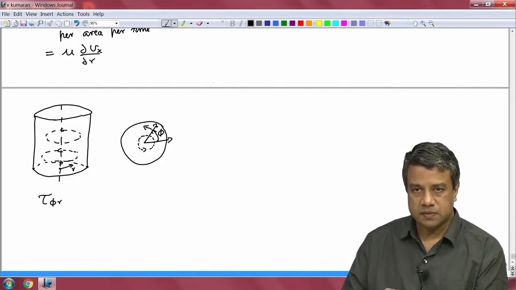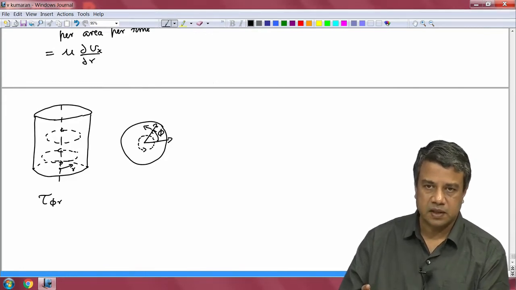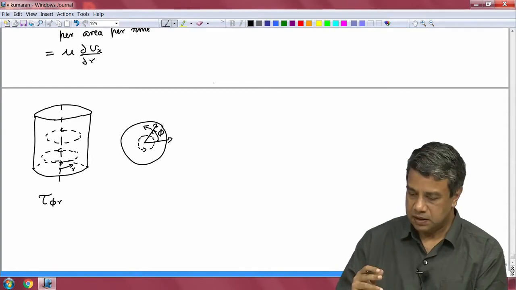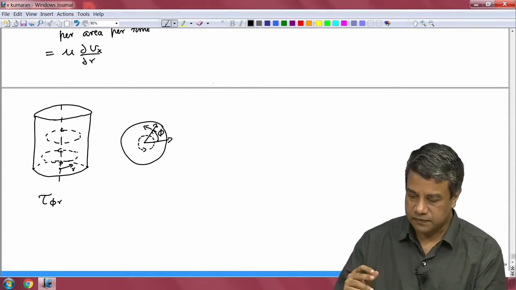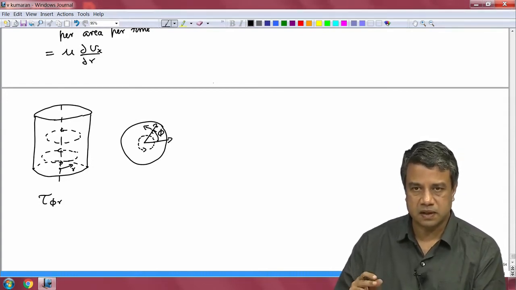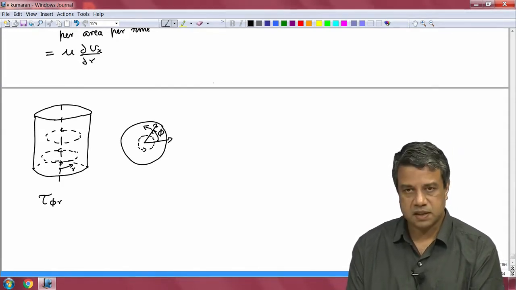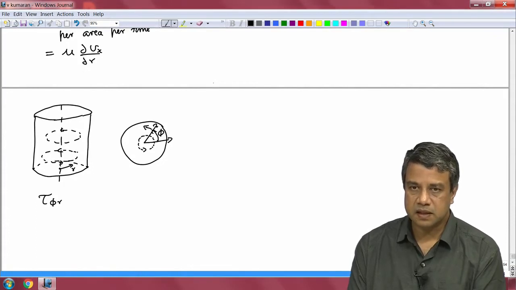That momentum is transported in the radial direction, because there is a radial variation of the velocity. This stress is the force per unit area in the phi direction.